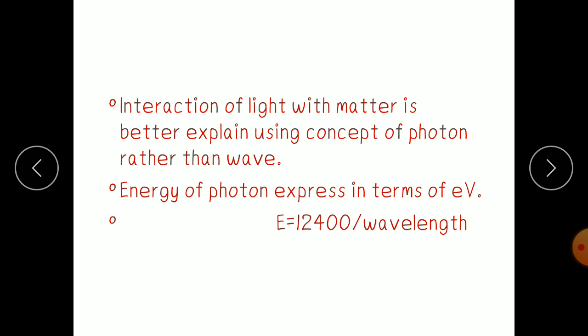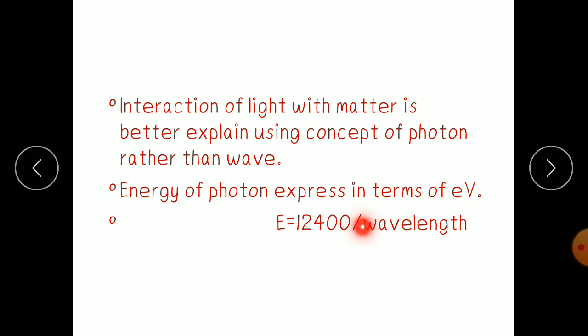Electron volt is a unit of energy, and generally photon energy is expressed in electron volts, okay. We know that E is equal to h nu, where h is Planck's constant and nu is the frequency. We know the relation between frequency and wavelength, that is nu is equal to c by lambda. If we substitute, E is equal to h nu means E is equal to hc by lambda.